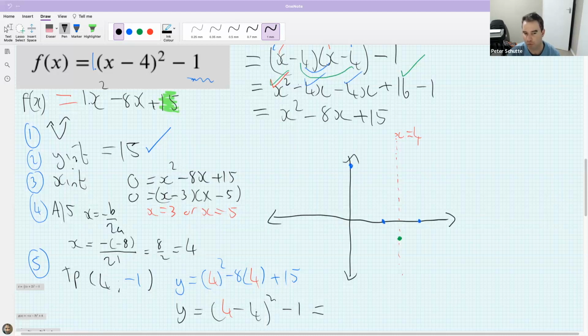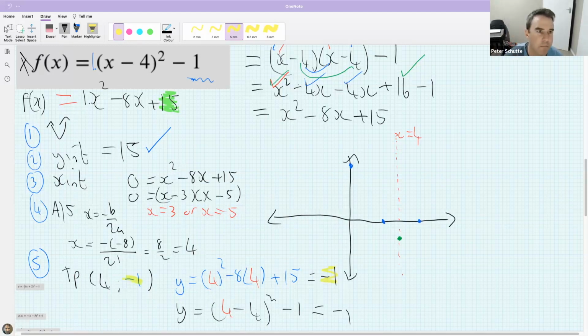So 4 minus 4 is 0. 0 squared is nothing. And then 0 minus 1 is minus 1. So that's using this one. If I put it into the standard form here, it will also give you that, because you get 16 minus 32, which is minus 16, plus 15, which is minus 1. And that's where the minus 1 comes from here.